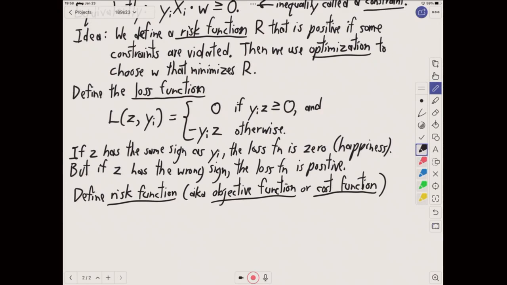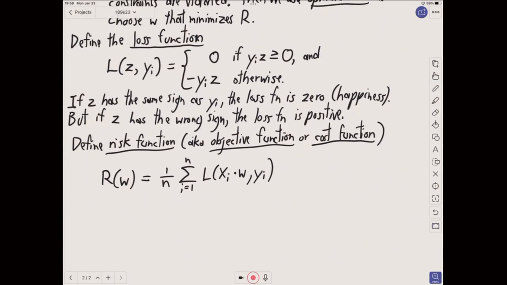But in this case, the average loss is what we want to optimize. So the risk function is the average of all the loss functions, that is, one loss function for each training point. And if you can get all the loss functions down to 0, then you get the risk function down to 0. That's our goal.